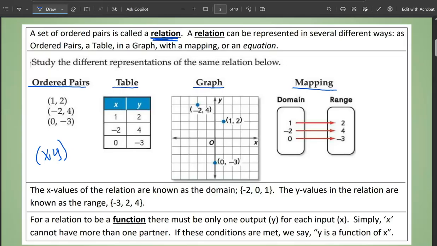Now, what makes it be a function is that your x values cannot repeat. In order to be a function, your x values cannot repeat.